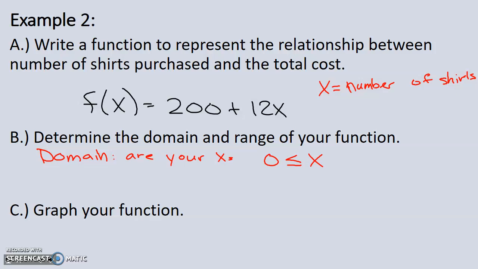So anything greater than or equal to 0, because would it make sense to have negative shirts? No. So that's where it goes back into the real world: does this x work, is it reasonable? We want things that work for our situation.